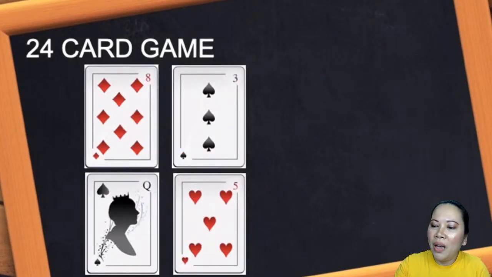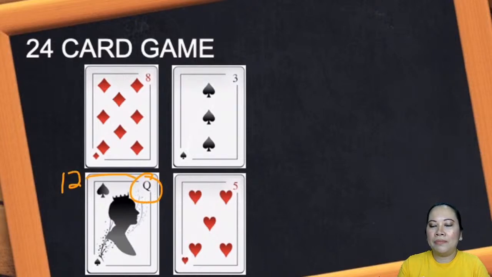Yay! By the way, Queen is 12. Queen is 12. Come on, come on.